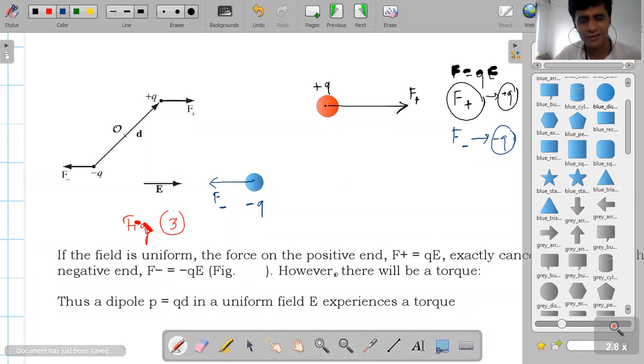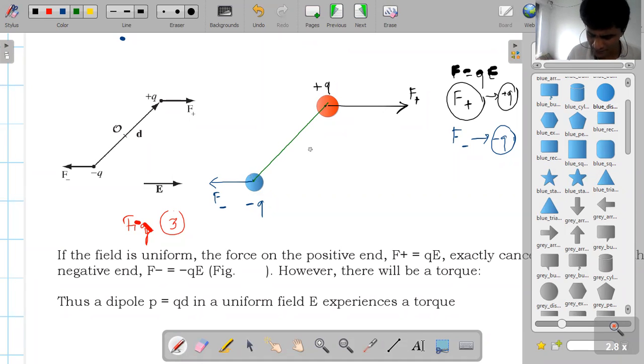Now I will join the center of positive Q and negative Q. Then join the center of plus Q and the center of minus Q. And the distance is D. What is the distance between the center of the positive charge and the center of the negative charge?